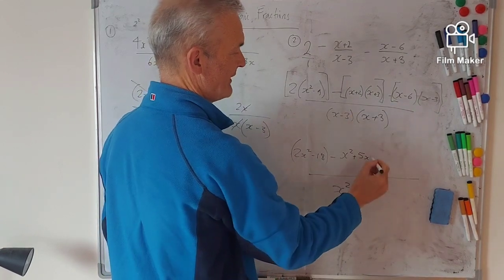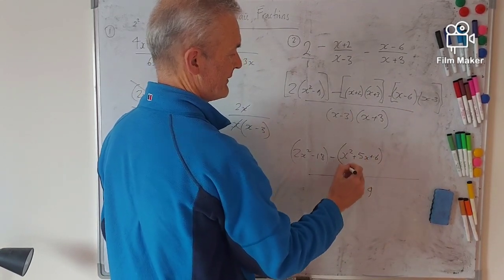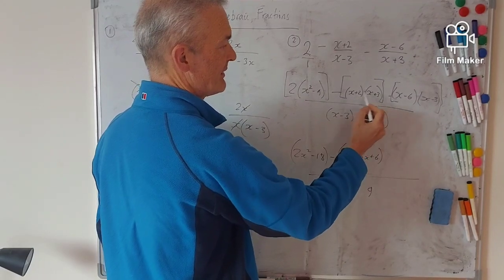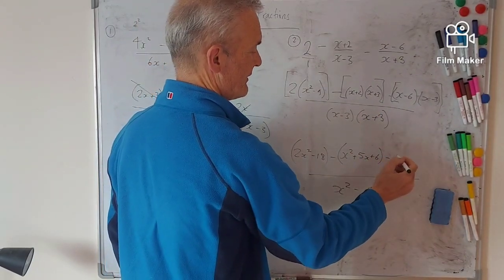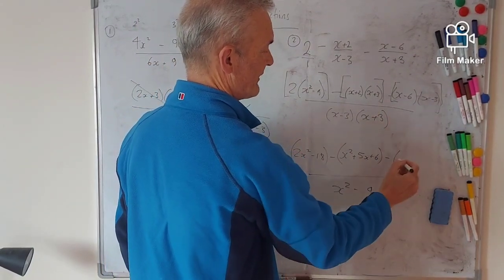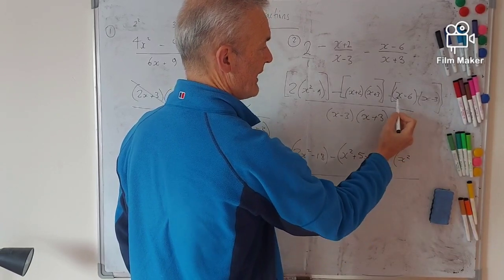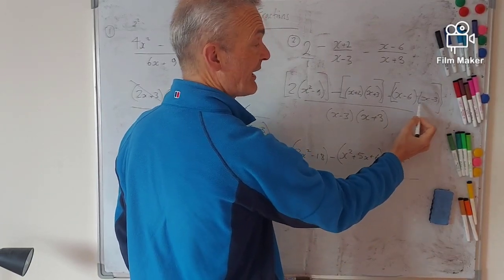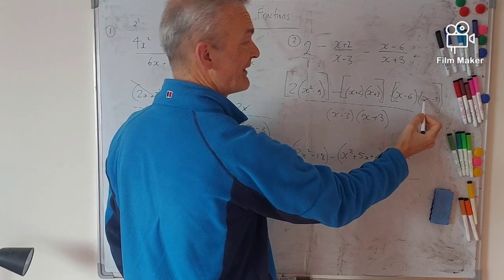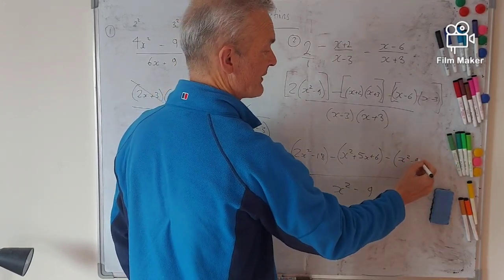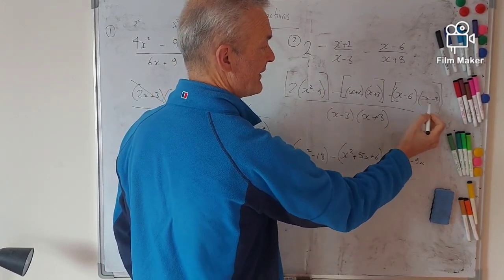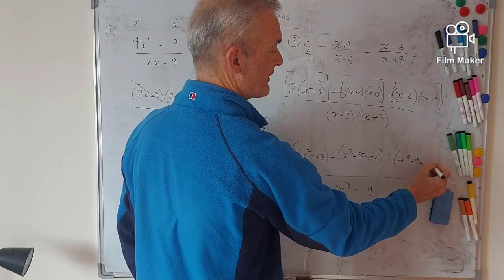And then 2 times 3 is 6. So that's that multiplied. And then here we're going to get x times x is x squared. x times minus 3 is minus 3x. Minus 6 times x is minus 6x, so that's minus 9x. And then minus 6 times minus 3 is plus 18.